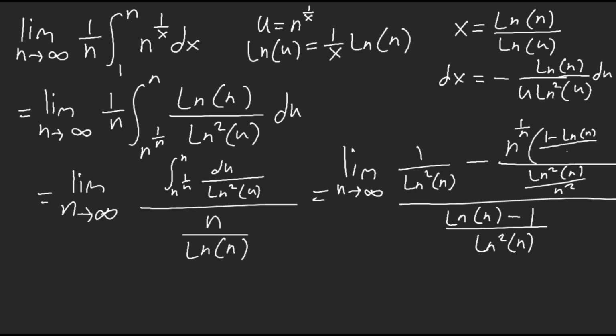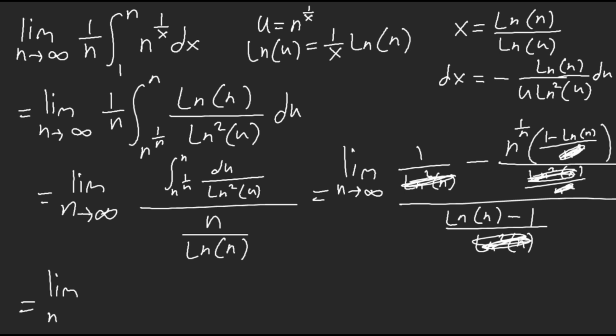Yeah, it's just the quotient rule, because I'm doing logarithmic differentiation in my head. But yeah, that's the derivative of this. So ln squared is getting cancelled out, let me tell you that. And this n squared is also cancelling out.